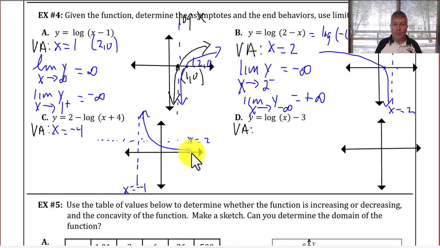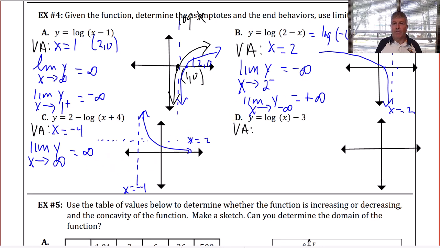So this is the graph of our logarithm. So now we can take a look at our limit of y as x approaches positive infinity. Well, our y values are going to positive infinity.